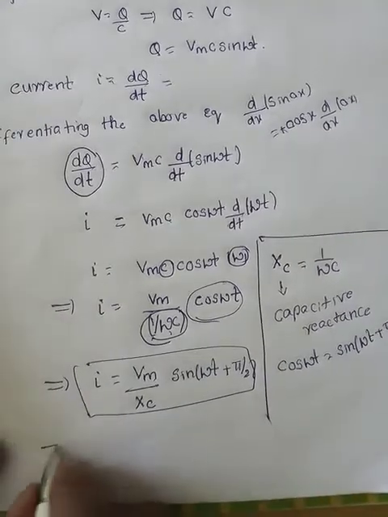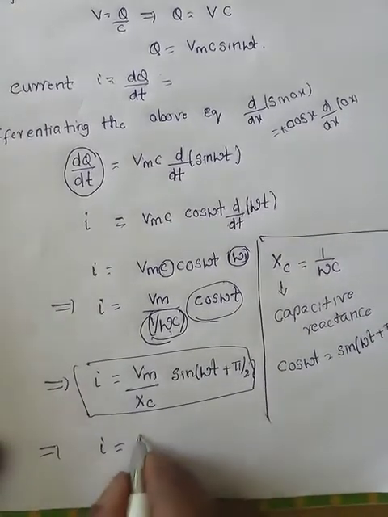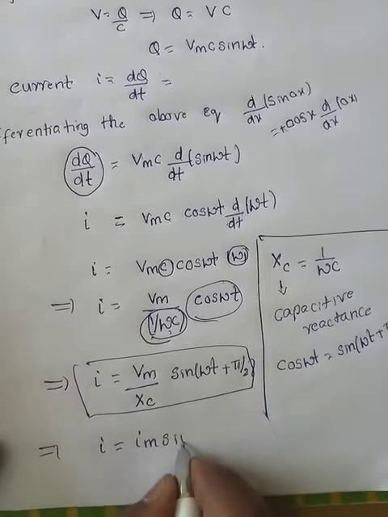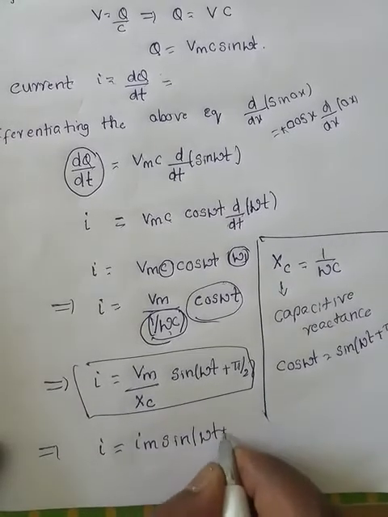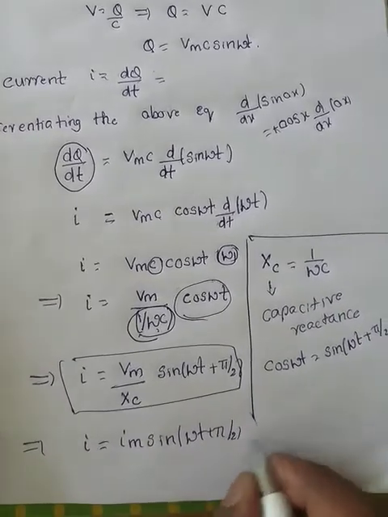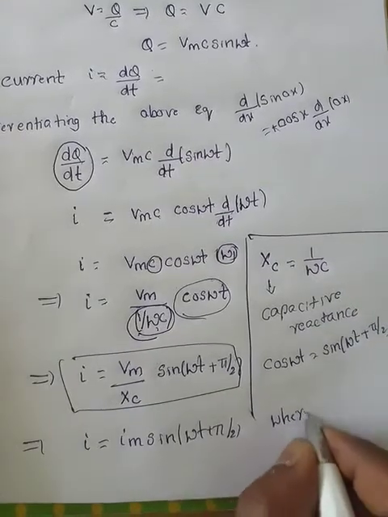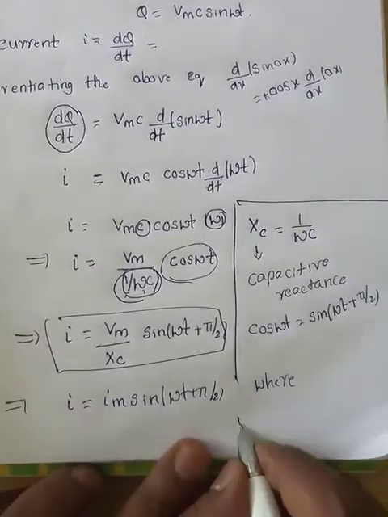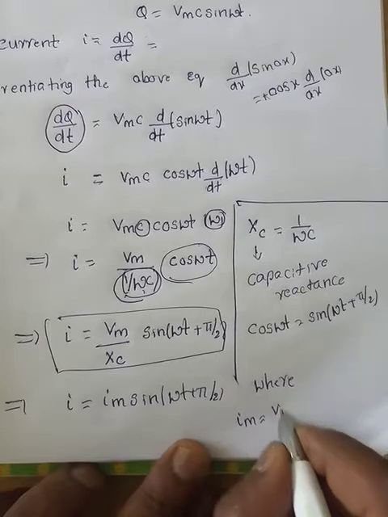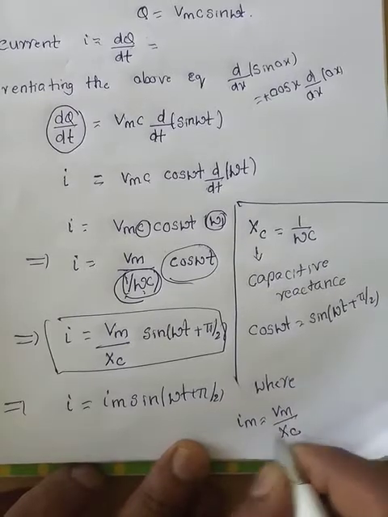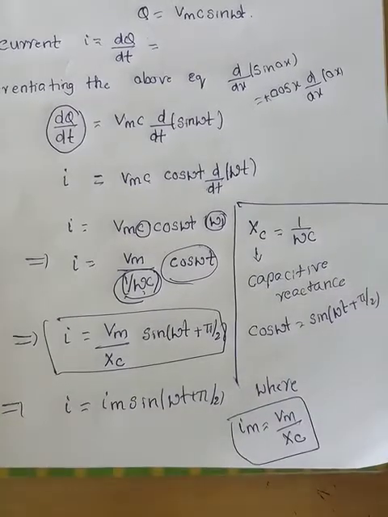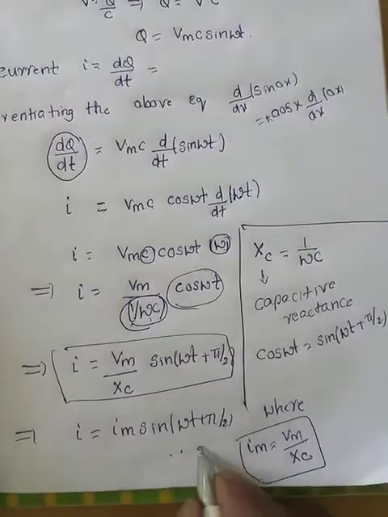That is, I equals Im sine of omega t plus pi by 2, where Im is equal to Vm by Xc. Is it right? So, this is equation number 2.